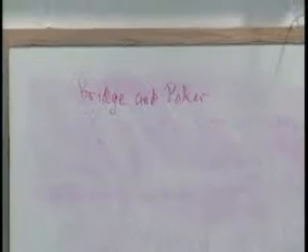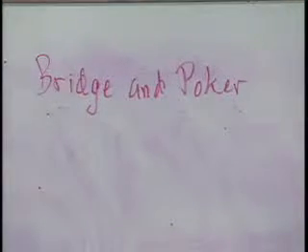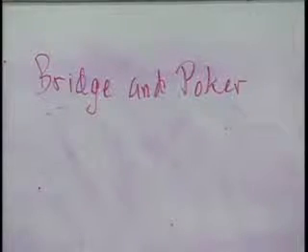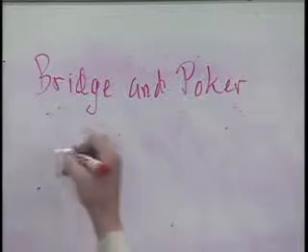And I said glibly in the outline, it is easy to work out the mass function for the number of aces in a bridge hand or for the number of pairs in a poker hand. I said that because Sturzacher says it. And then when I actually went to do it, I decided, well, maybe it's not that easy, but let's give it a try. So we'll start with bridge.